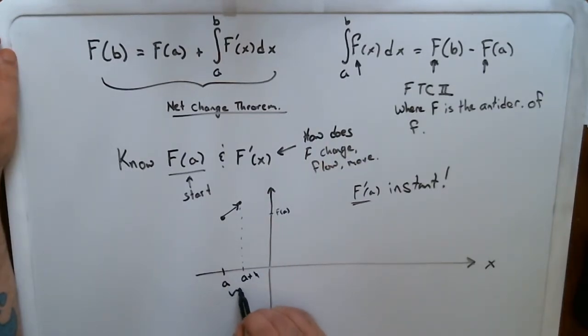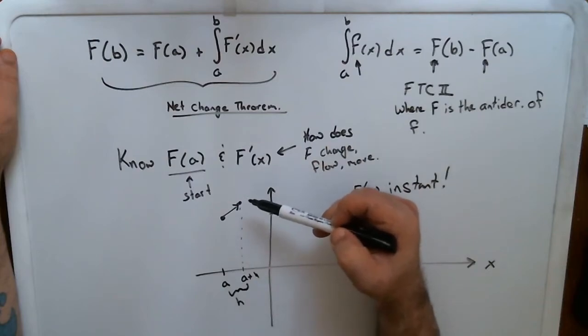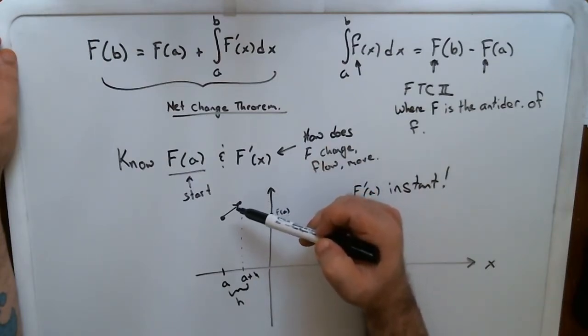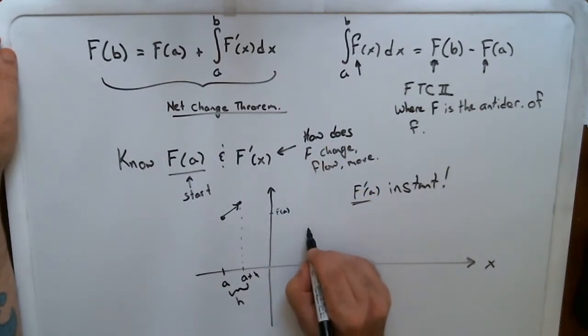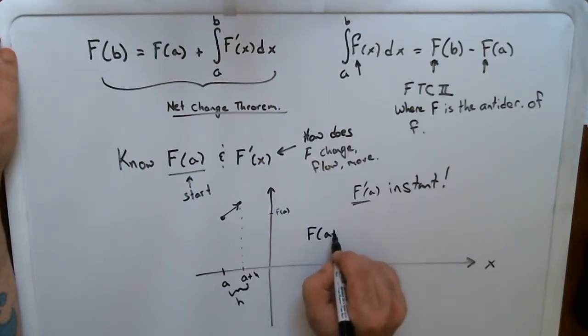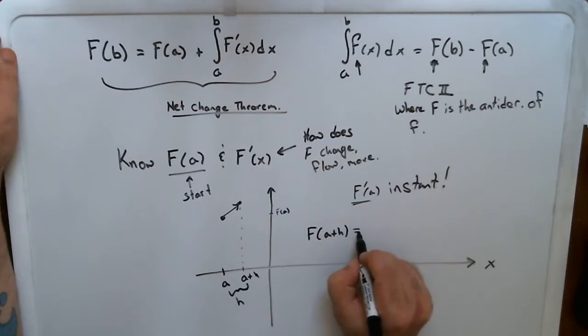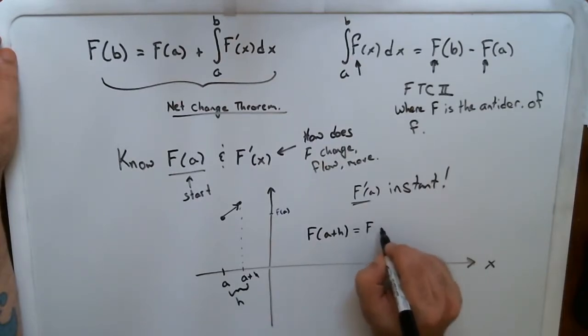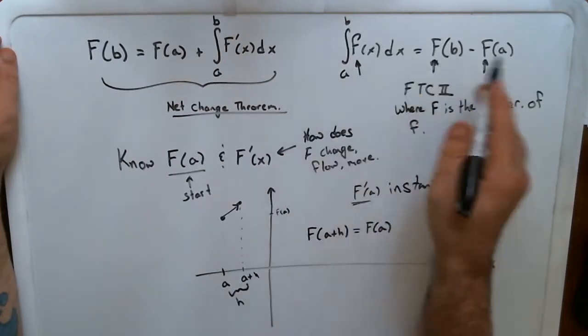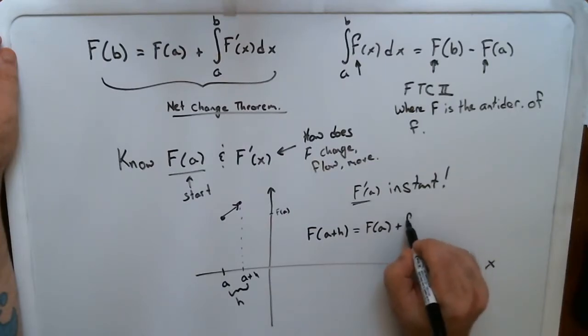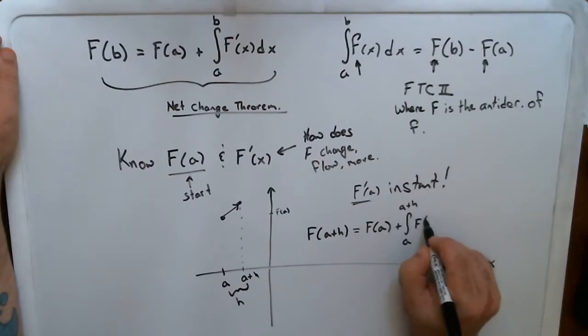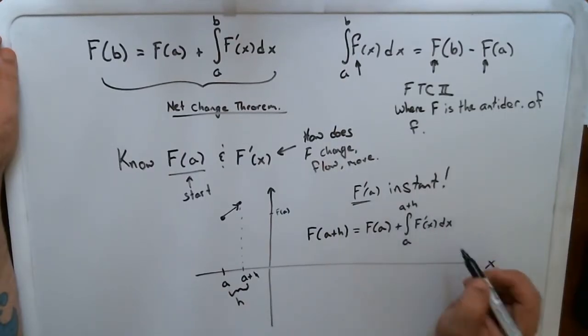I said after moving about h laterally, this is roughly how far I will go up. It's an approximation. And so I get this approximation like f of a plus h. So far, so good. It's exactly equal to, first off, by essentially the fundamental theorem of calculus part 2, the integral from a to a plus h of big F prime of x dx.